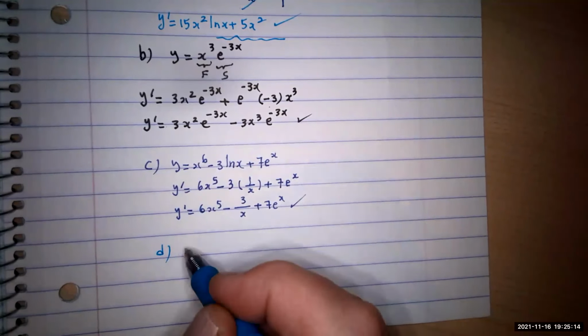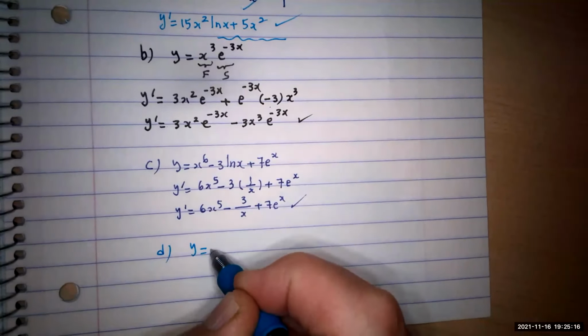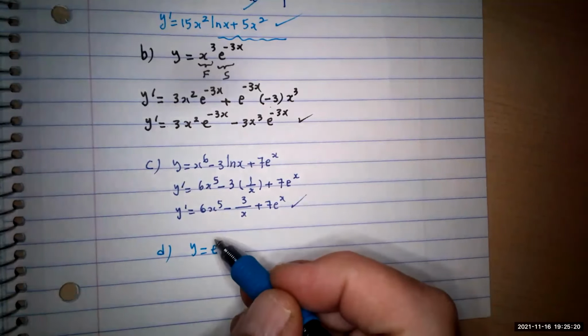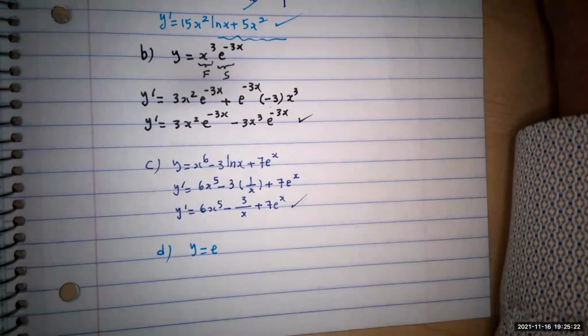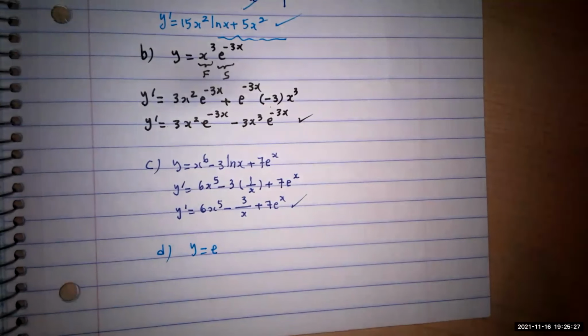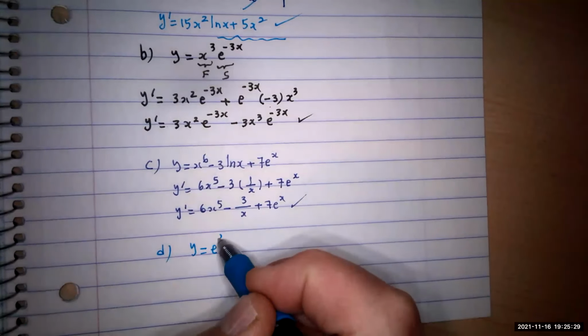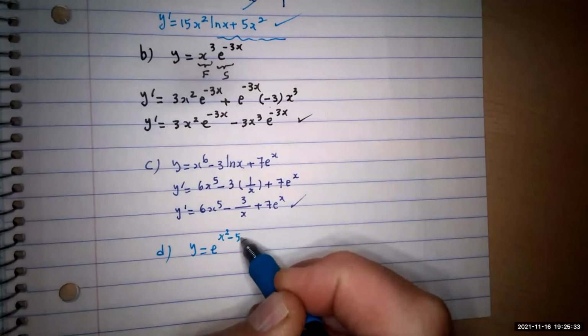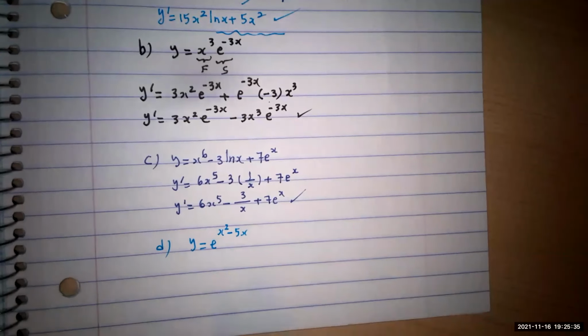Part D, just a straightforward chain rule for the e function. It's probably x squared, just check it so I can see it. Yes, e to the x squared minus 5x. Again, it's like e to the u.